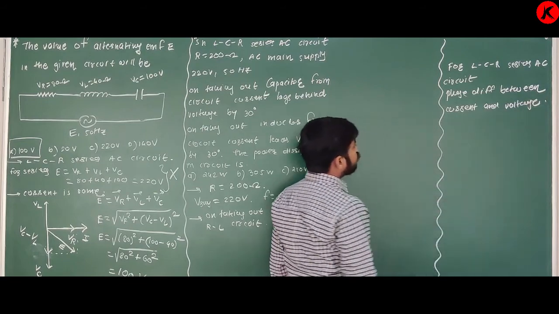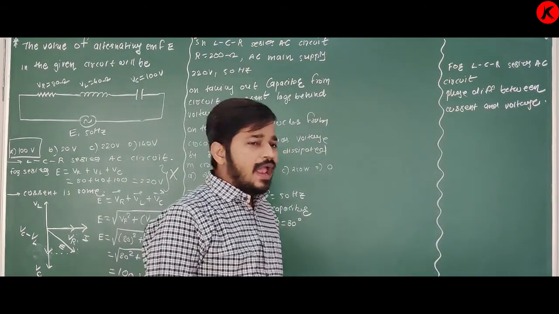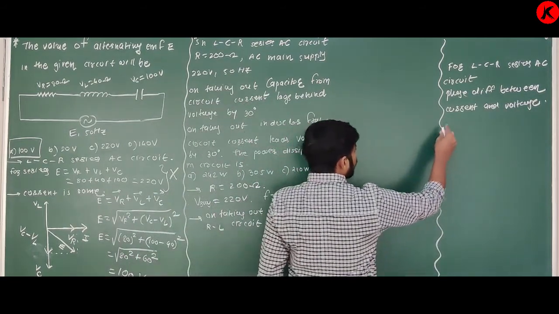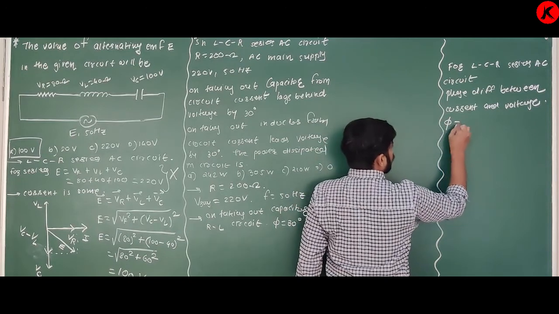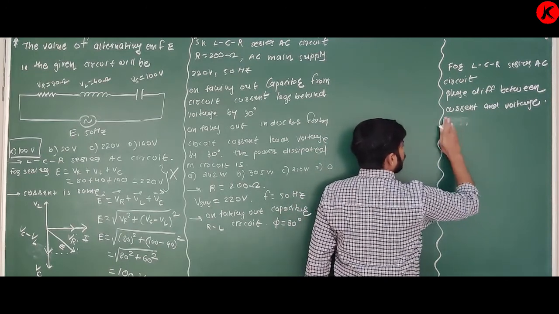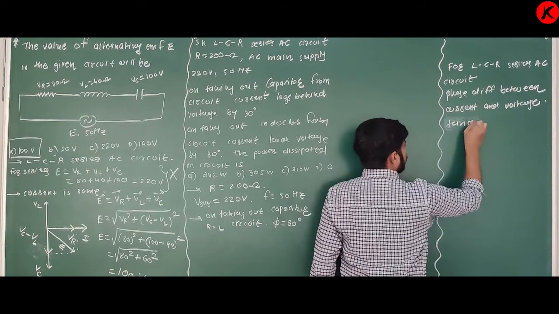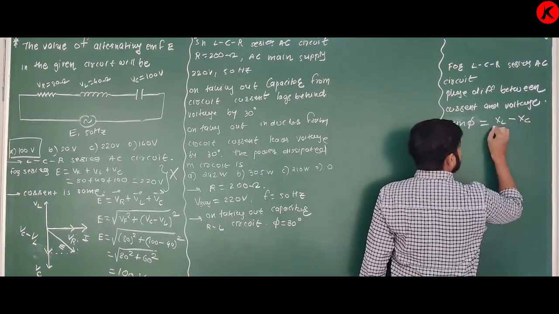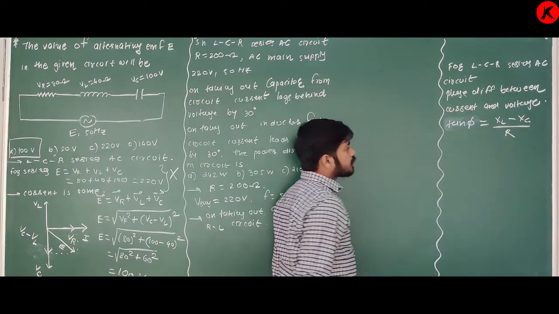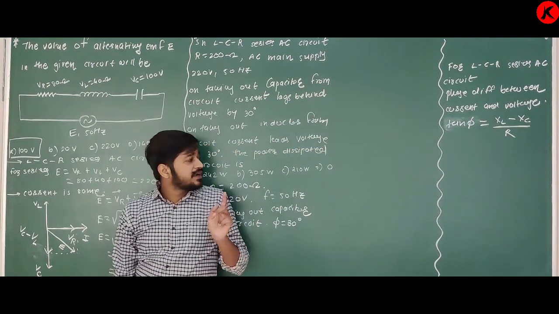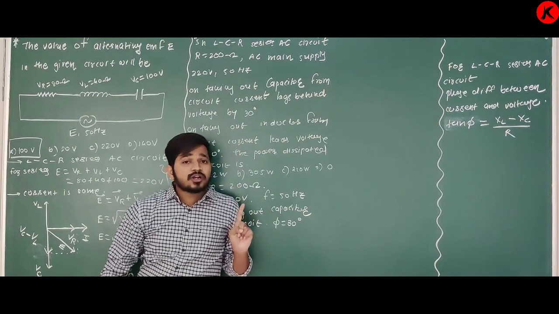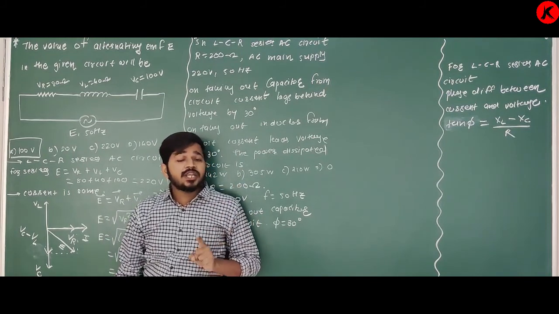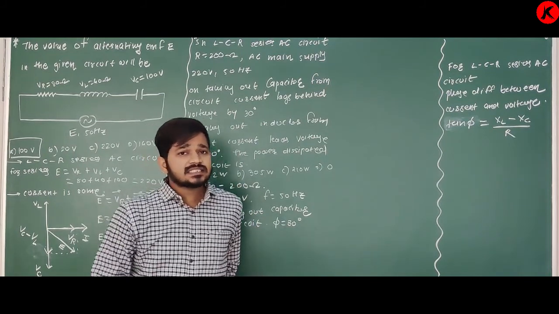Tan phi is equal to XL minus XC upon R. But it is for LCR series AC circuit.